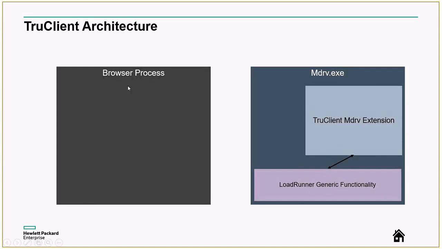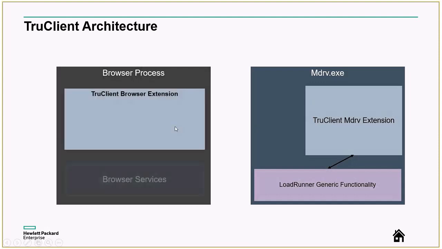While in TruClient, we can't actually host the browser process, which is the virtual user, inside the MDRV process. And therefore, we have Firefox, TruClient IE, or Chromium running in a separate process.